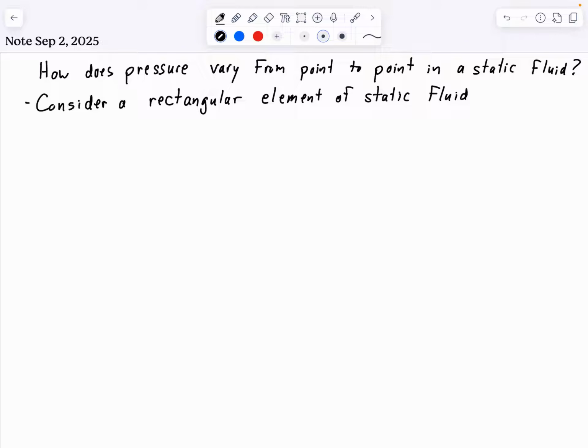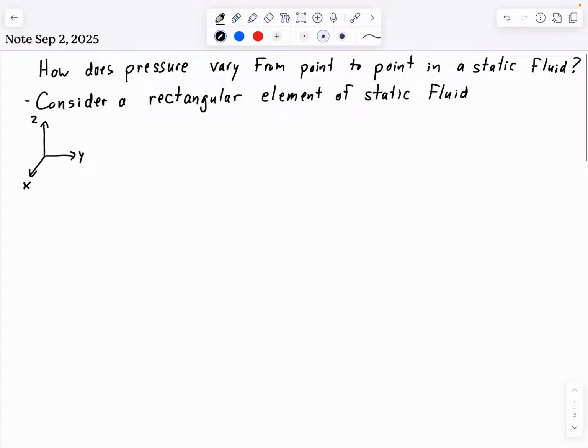So we'll first establish our coordinate system here. We have x coming out of the page, y going to the right, and z going vertically upwards. And we're going to draw a little cube, a little element here that's a cube. Be sure to leave yourself some room around it.